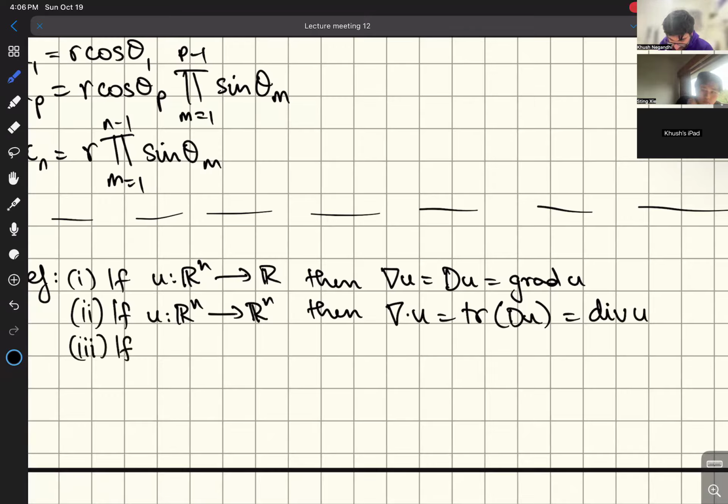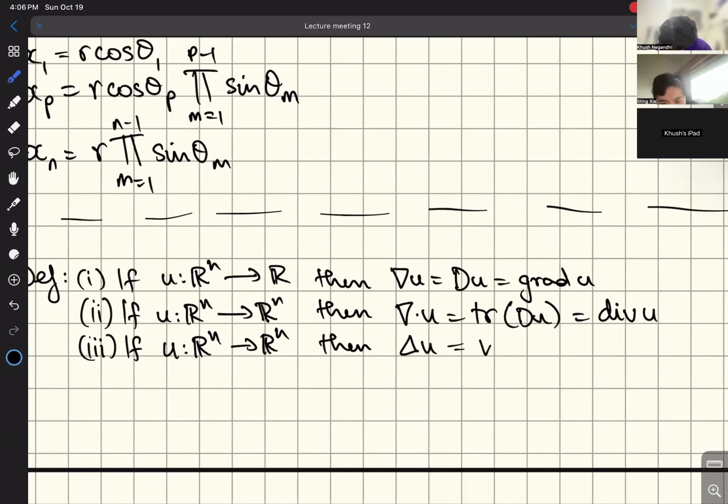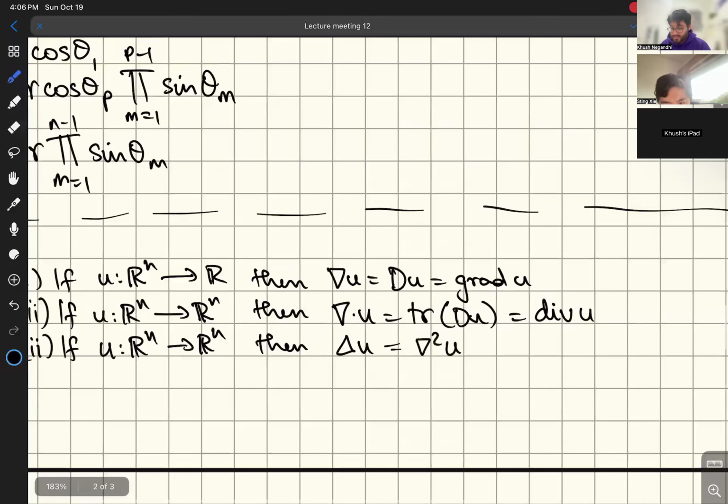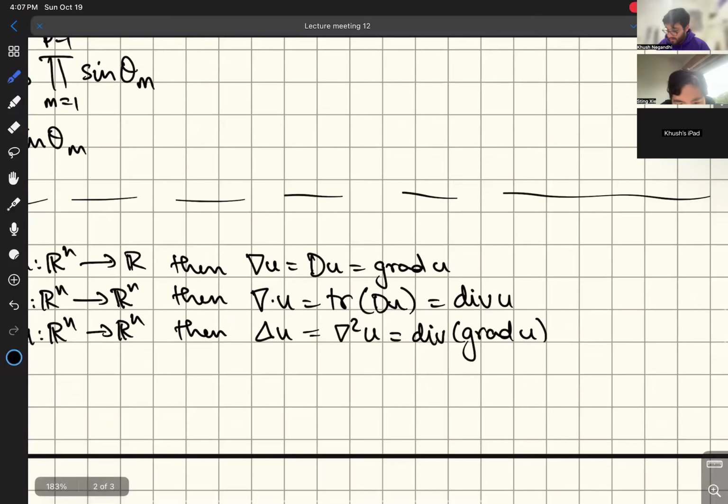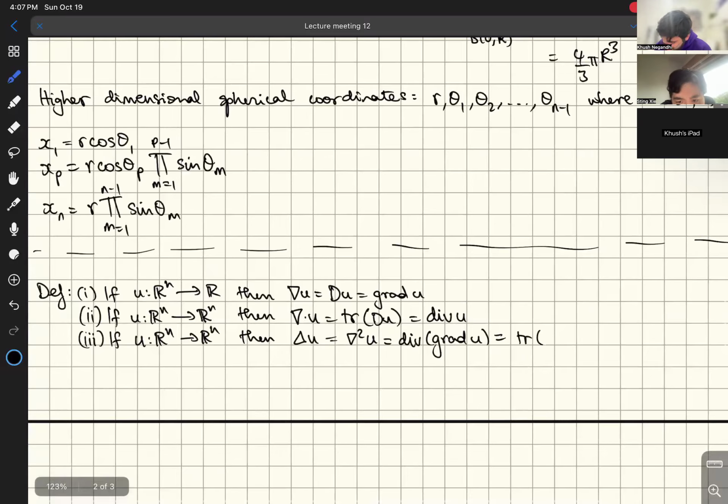Finally, if u is a function from R^n into R, then the Laplacian of u, which we might also write like this, is the divergence of the gradient of u, which is nothing but the trace of the derivative of the gradient of u, which is nothing but the trace of the second derivative of u.